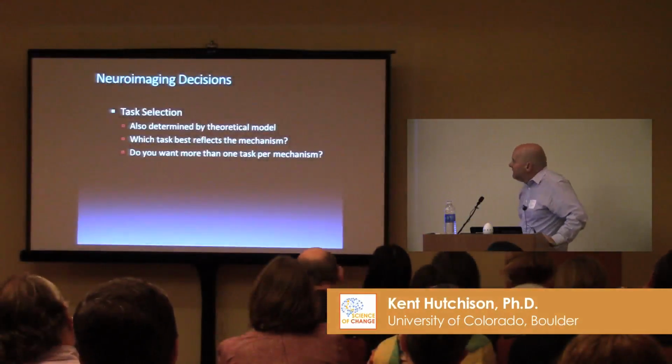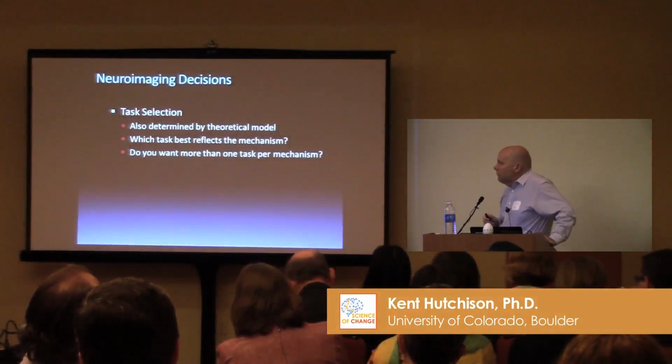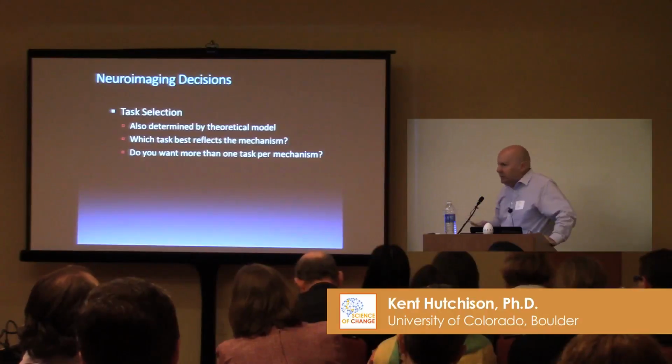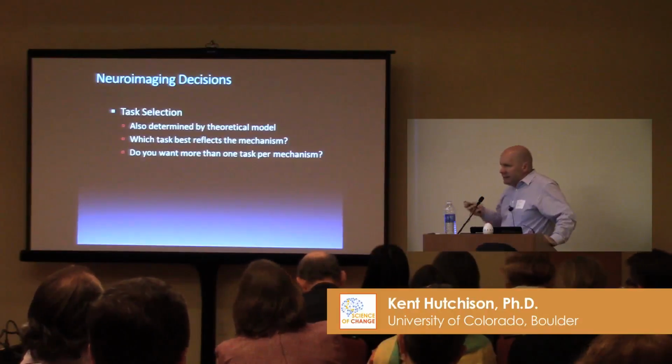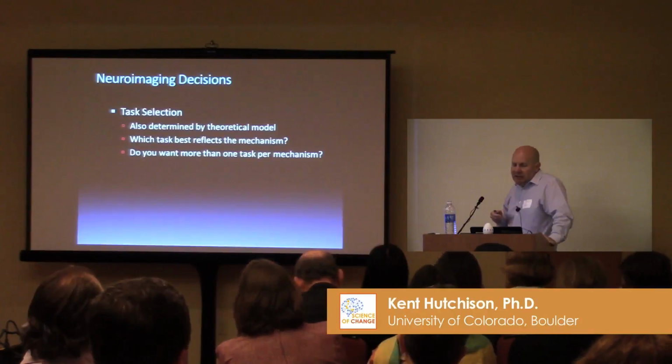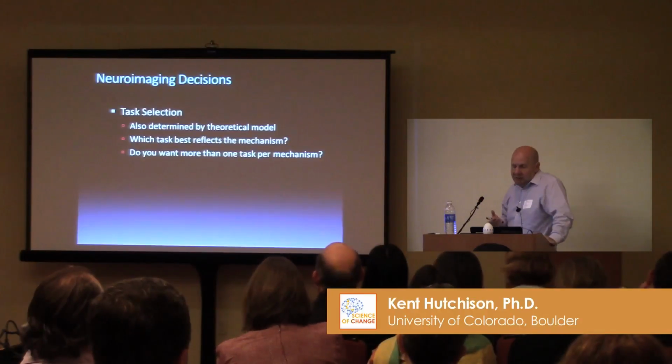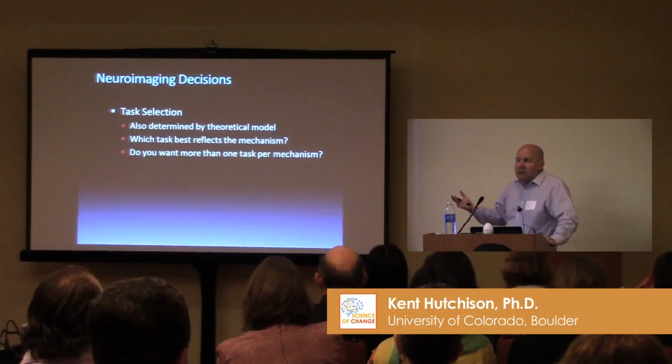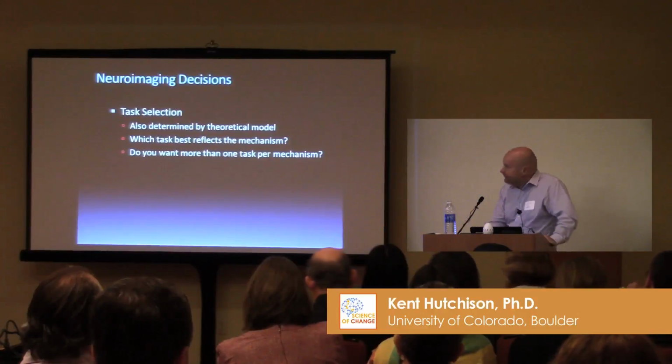So another important decision here is task selection. So what imaging tasks are you going to do, right? And so obviously there again, that's also informed and determined by your theoretical model. So which task best reflects the mechanism of interest, and do you want more than one task per mechanism?